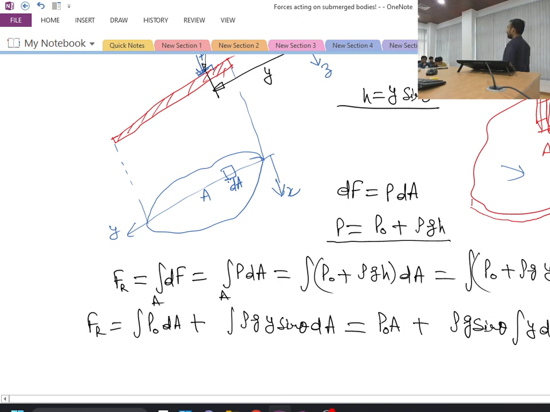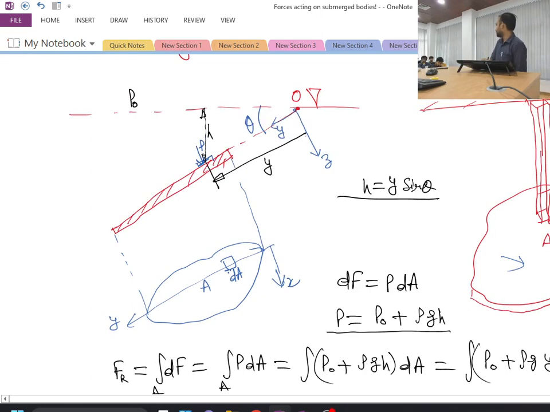Now, can you tell me what the integral of y dA about axis O is? Do you know about the first moment of mass? Similar to this, we have the first moment of area. dA is my small elemental area at a distance y from the origin.